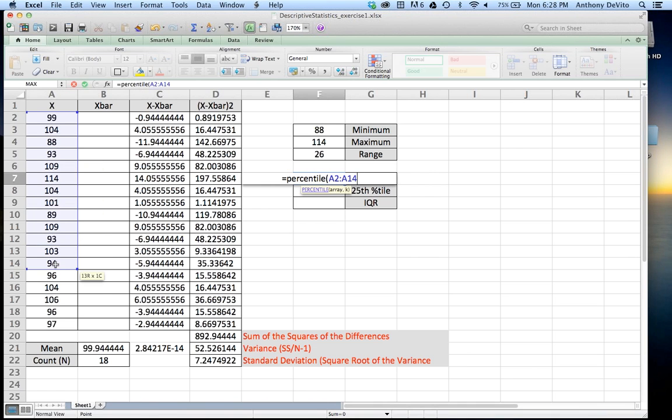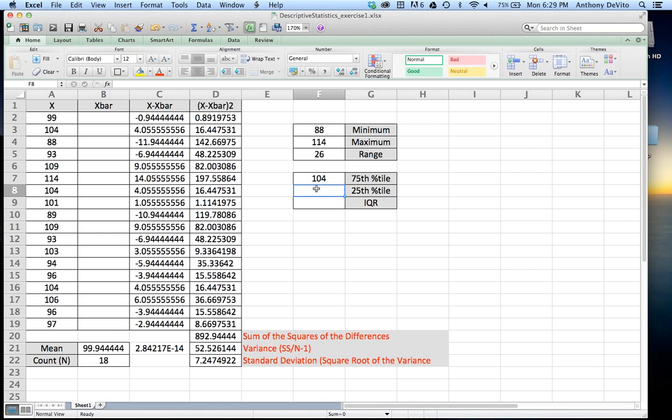Percentile, just a word, parentheses. And I'm going to highlight that A2 through A19, comma, and that K is the percentile, as described as a fraction, 0.75. And I'm going to close parentheses, I'm going to hit enter. 104 is the 75th percentile. 25% of the values are above 104, 75% are below 104.